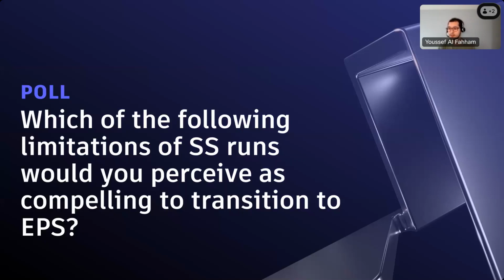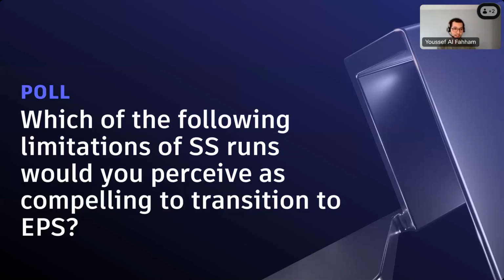We're just going to give folks a few more seconds to answer this one. Seems like a good split between all of the above, and that it's a snapshot in time and not dynamic.